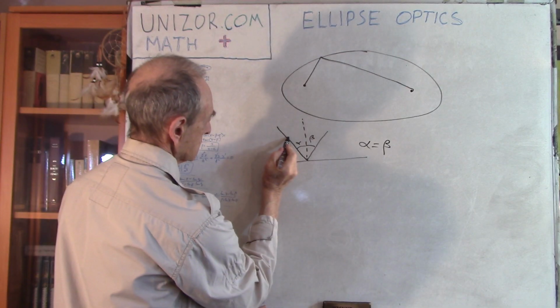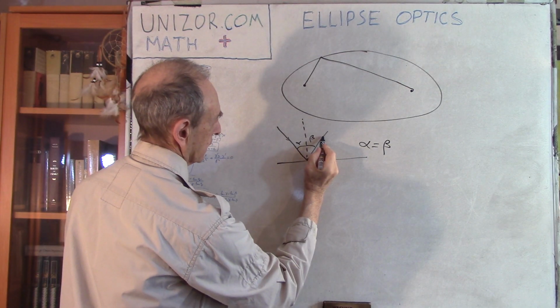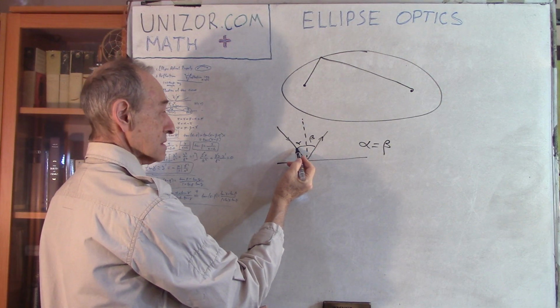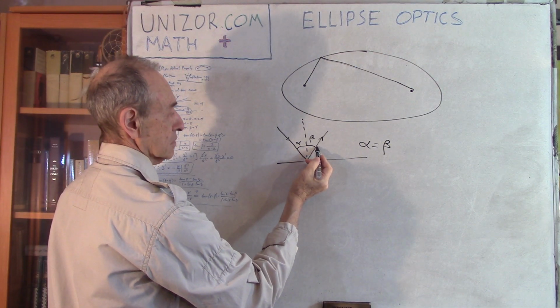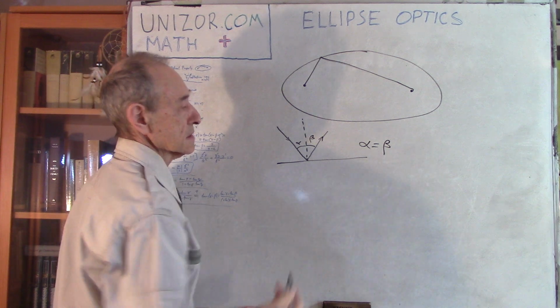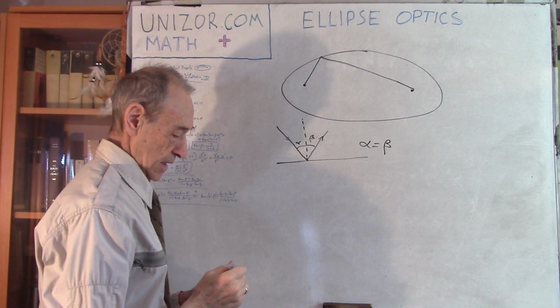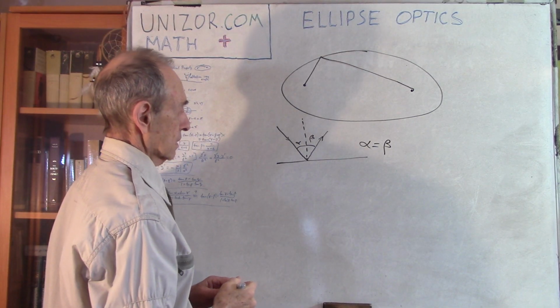So this is the incident ray, this is the reflected ray. Correspondingly this is the incidence angle and this is the reflection angle. And this is how it is if there is a reflection against a straight line.